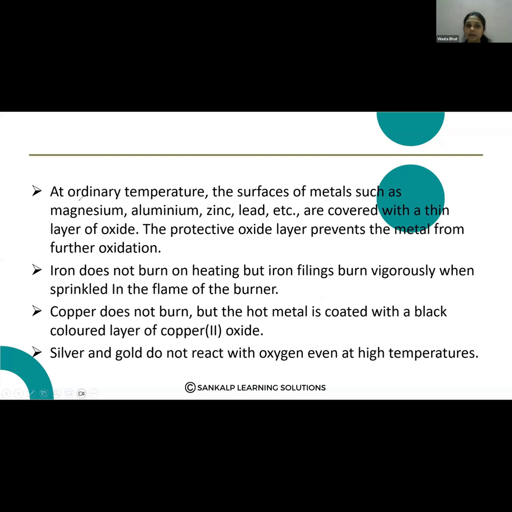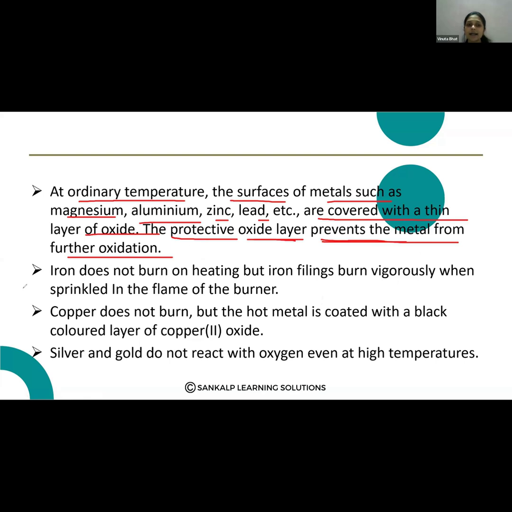At ordinary temperature, the surfaces of metals such as magnesium, aluminium, zinc and lead are covered with a thin layer of oxide. The protective oxide layer prevents the metal from further oxidation.